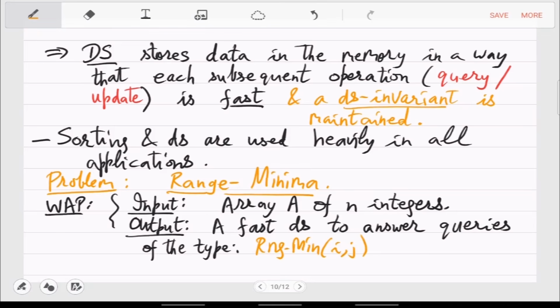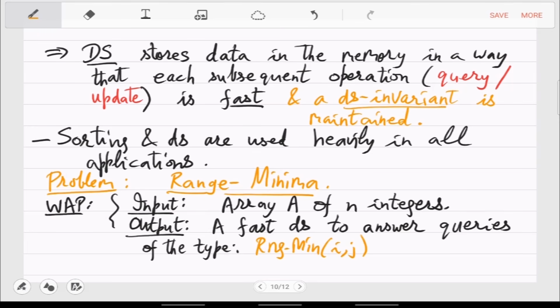so you basically have to implement this subroutine called range minima given i comma j. So i and j are the indices in the array. I you can assume is less than or equal to j, which gives you the minimum in that interval. So a_i plus 1 dot dot a_j, what is the minimum of that?